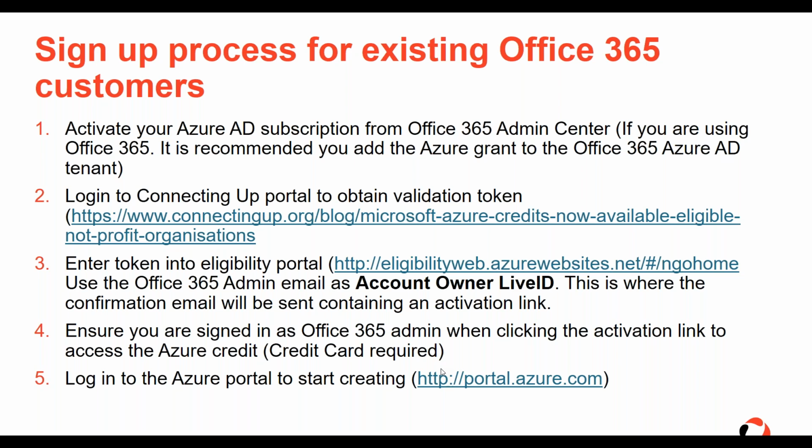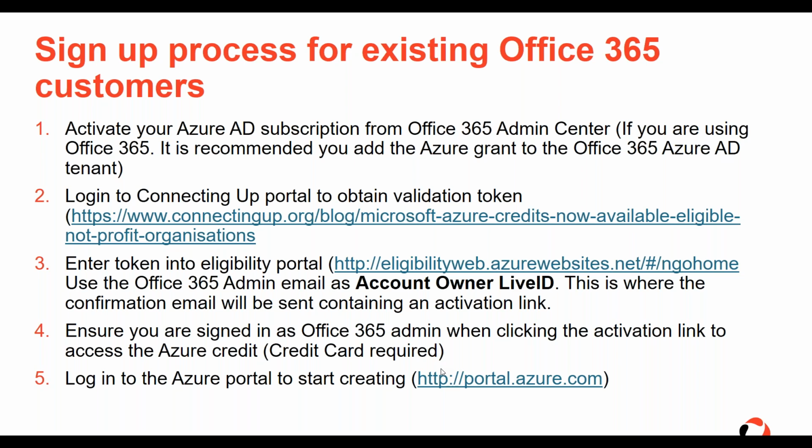Now, the first thing that we would recommend, and we've had a few people caught out on this, you sign up to Office 365 first. So the whole process is actually a lot easier if you already have an Office 365 tenant set up.